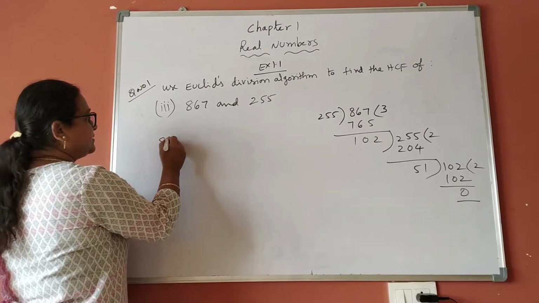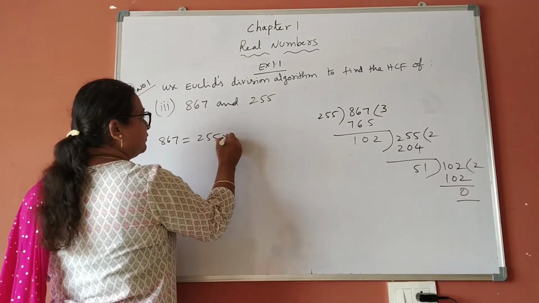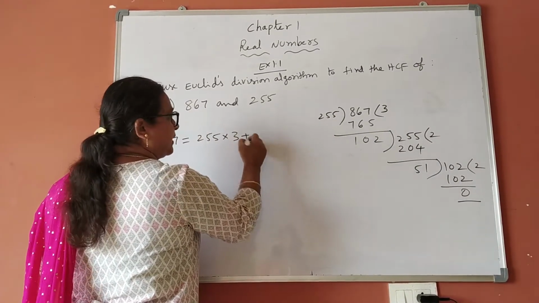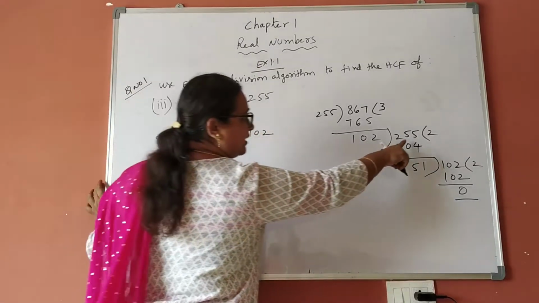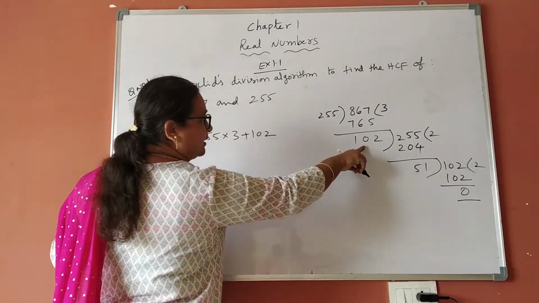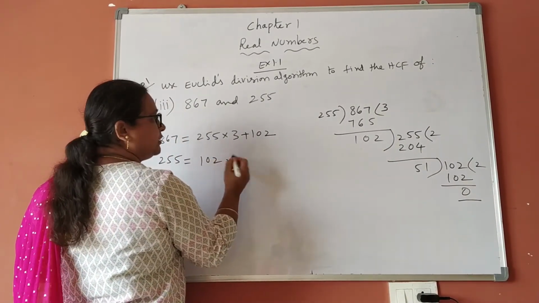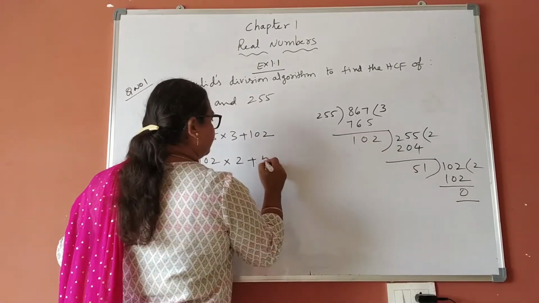Dividend 867 is equal to divisor 255 into quotient 3 plus remainder 102. Second step, dividend 255 is equal to divisor 102 into quotient 2 plus remainder 51.